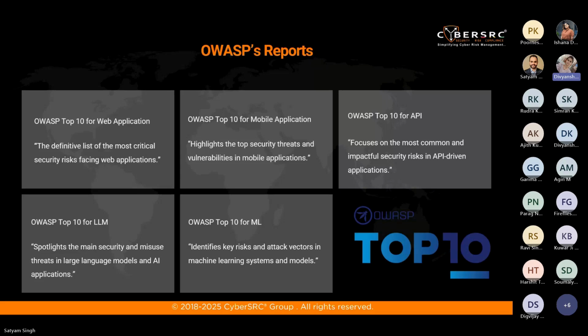And also the OWASP Top 10 for LLM that spotlights the main security and misuse threats in large language models and AI applications. The one we mentioned is the OWASP Top 10 for ML, that identifies the key risks and attack vectors in machine learning systems and models.